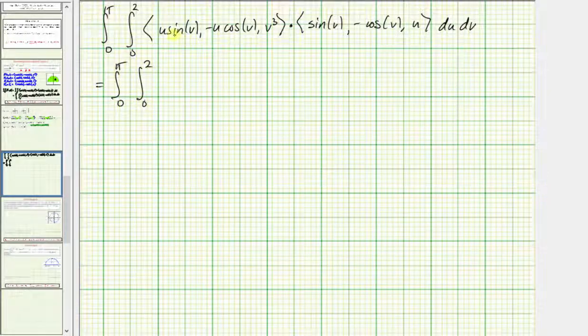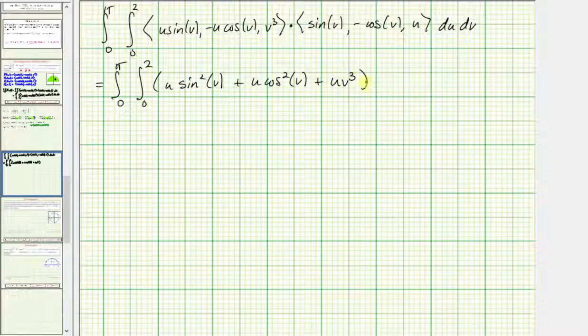So for the dot product, we have u sine v times sine v, that's u sine squared v. And then we have plus negative u cosine v times negative cosine v, that's plus u cosine squared v. Then we have v cubed times u, so just plus u v cubed du dv.